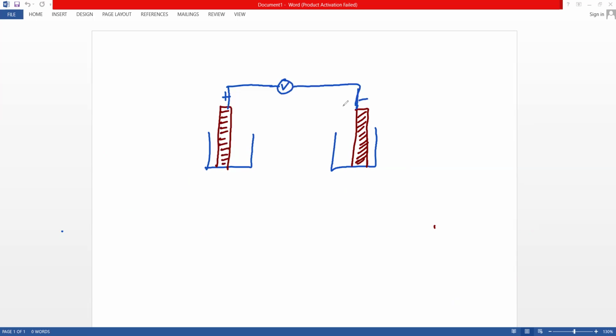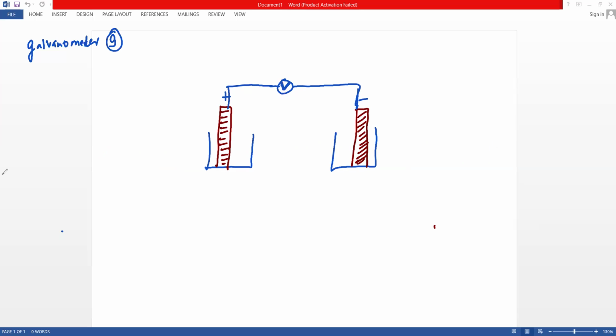The reason they call it a Voltaic cell is that sometimes in industries they use a large voltmeter called a galvanometer, with the symbol G. That's why it comes from the galvanic cell.